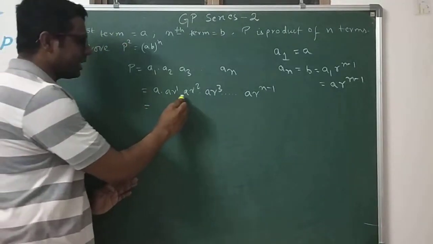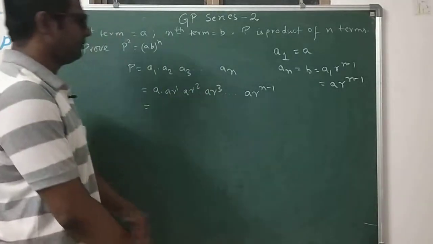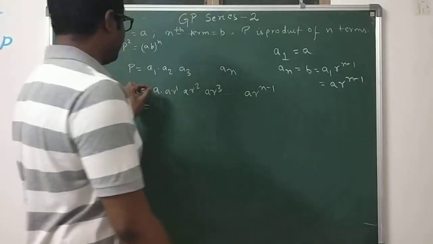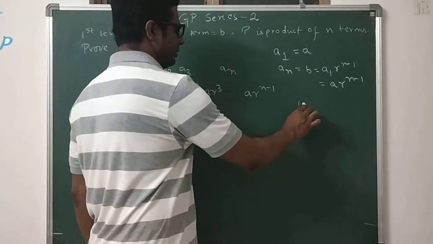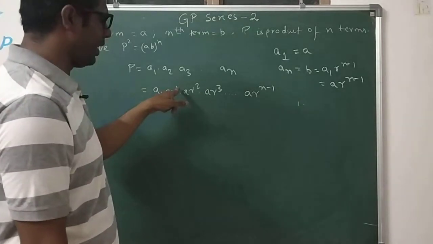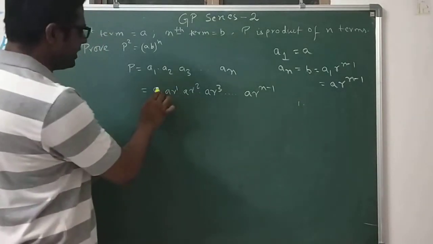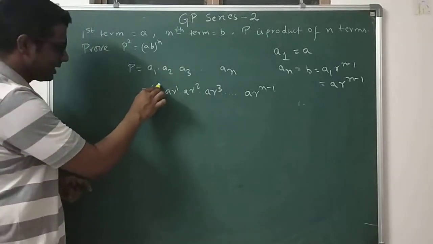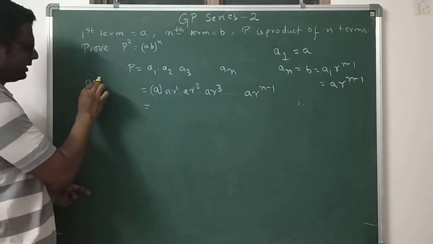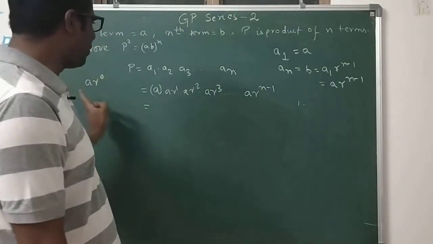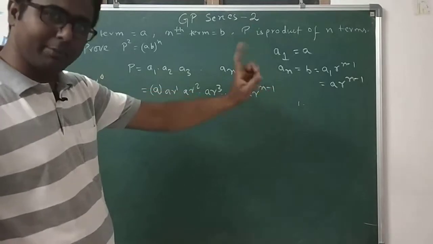How many A's are there? Let us find out. A has started with A to the power 1, and the first A is with r to the power 0. So from r to the power 0, it has gone up to r to the power n minus 1.